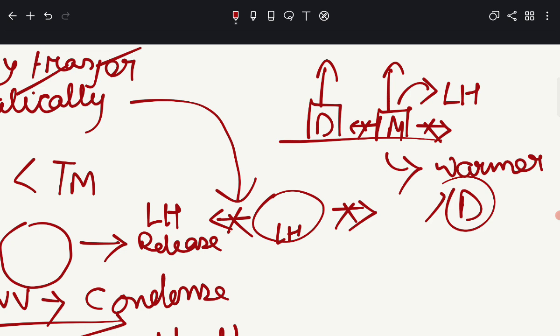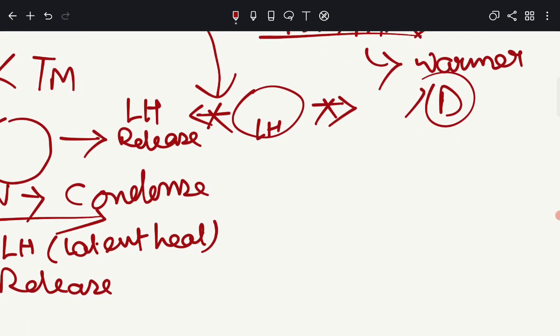So it will become warmer, then it will take more time, and it will have to go higher to become stable.